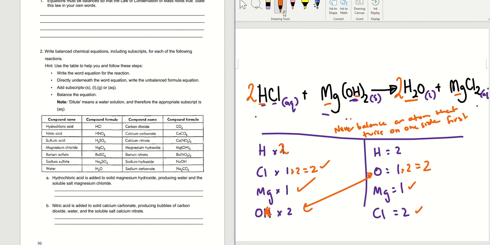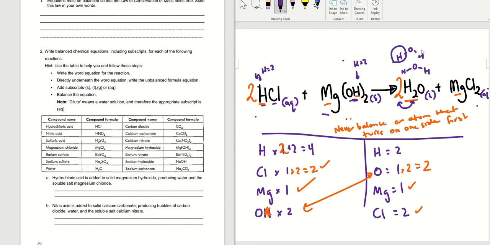All right. Now let's count up the total amount of hydrogens I have in total now. So on this hydrogen here, I have 2. On this hydrogen here, I also have 2. So in total, I have 4 hydrogens on the left-hand side. I have 2 water molecules, sorry.